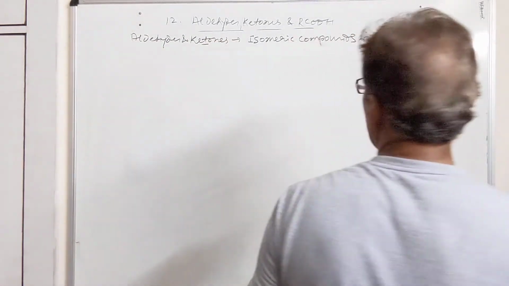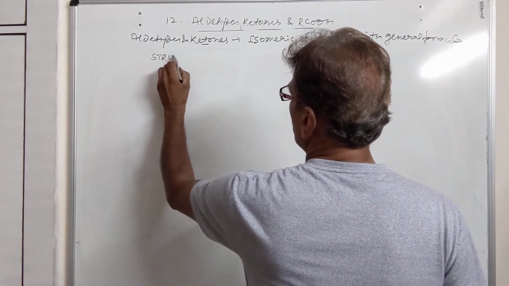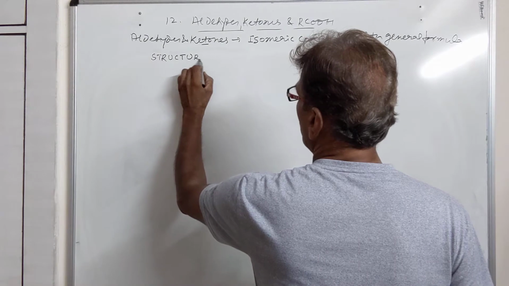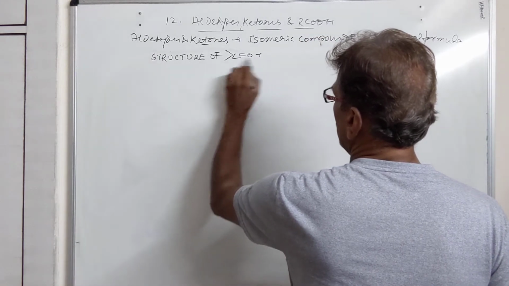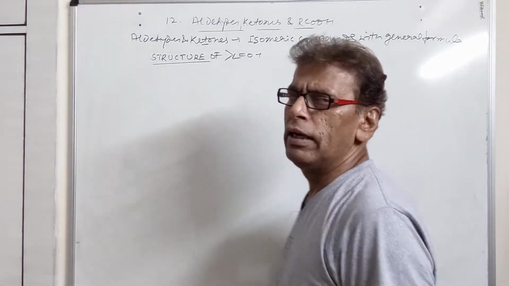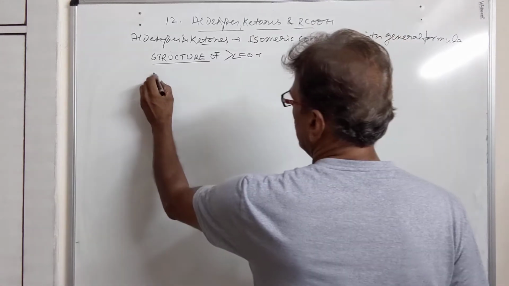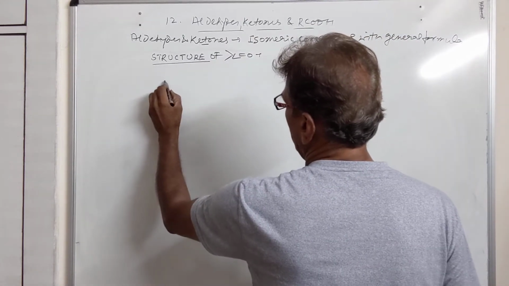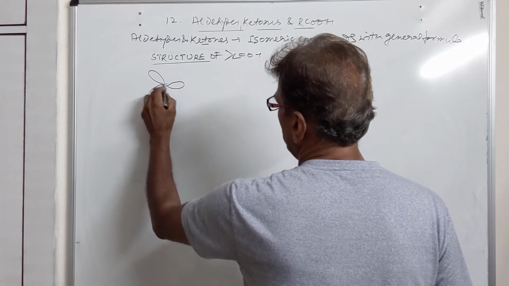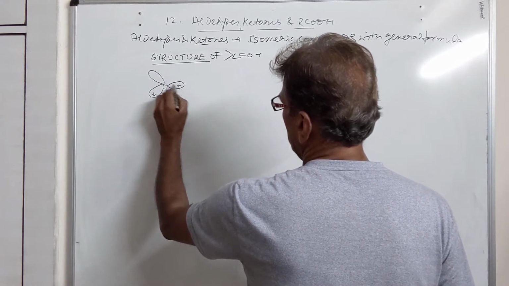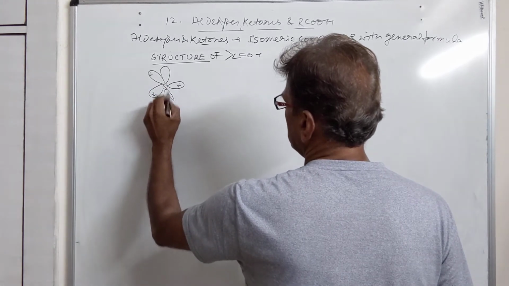Now let us see the structure of the carbonyl group. As the carbonyl group possesses a double bond between carbon and oxygen, carbon must undergo sp2 hybridization, producing 3 sp2 hybrid orbitals. All of them contain 1 electron each, and the fourth p orbital remains unhybridized.